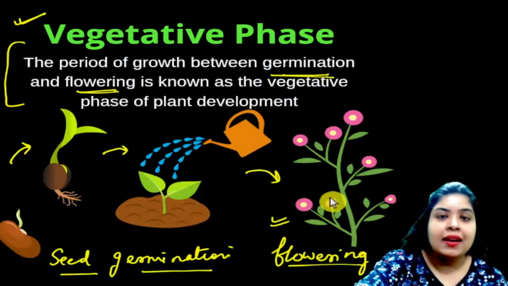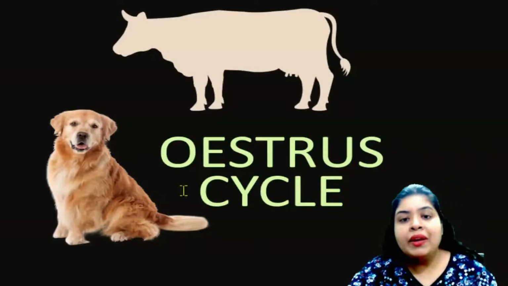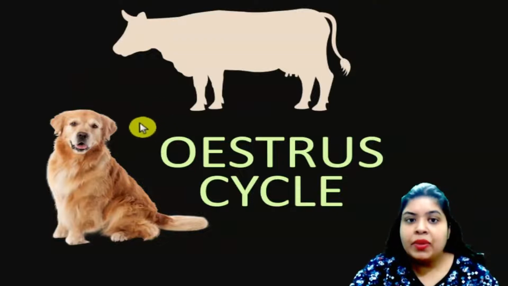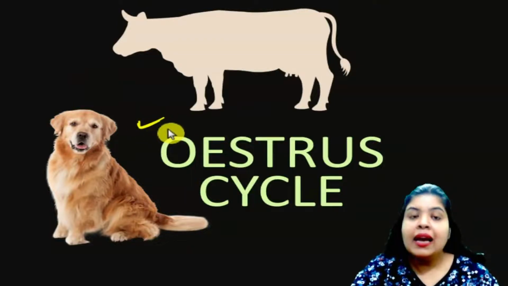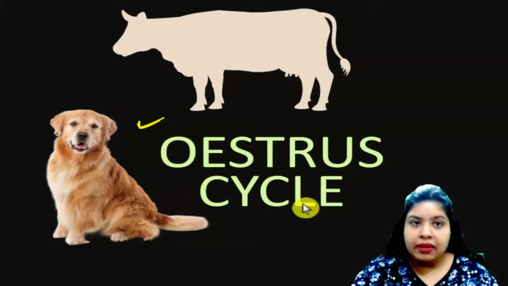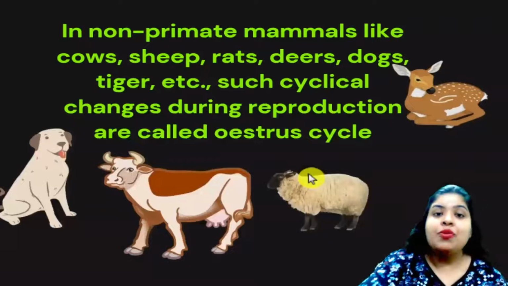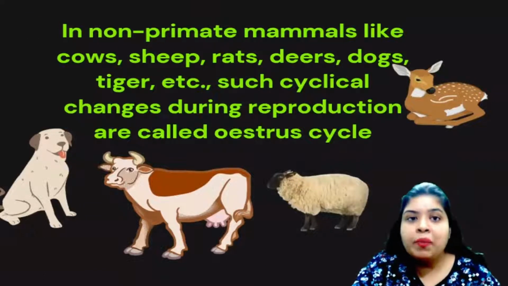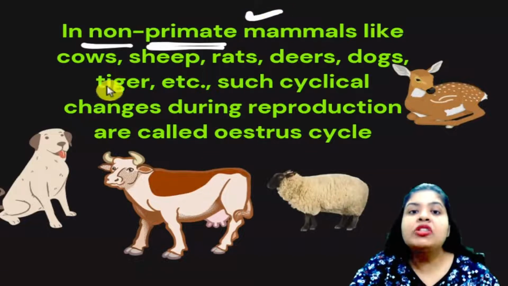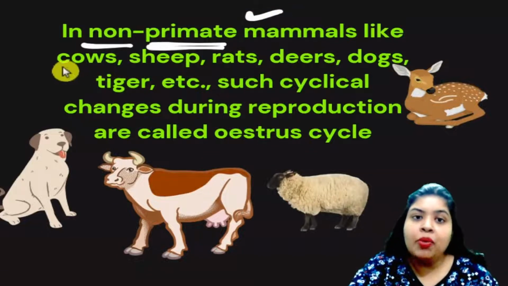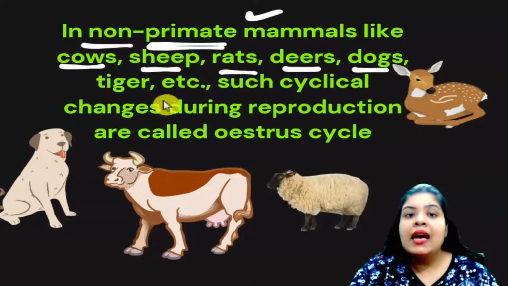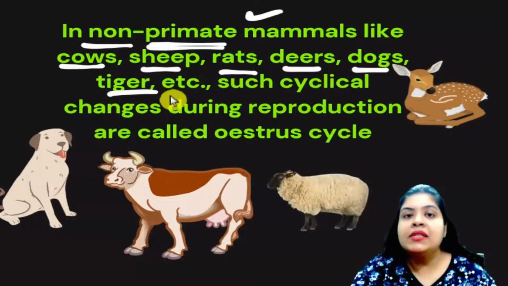Okay, next is, when we talk about animals, we have to study two cycles. First one is the Oestrous cycle and the second one is the menstrual cycle. So let us talk about the Oestrous cycle first. What is this? When we talk about the non-primates, the animals which are non-primates, or the mammals which are non-primates, for example, cows, sheep, rats, deer, dogs, tiger, etc. All these animals are non-primates.